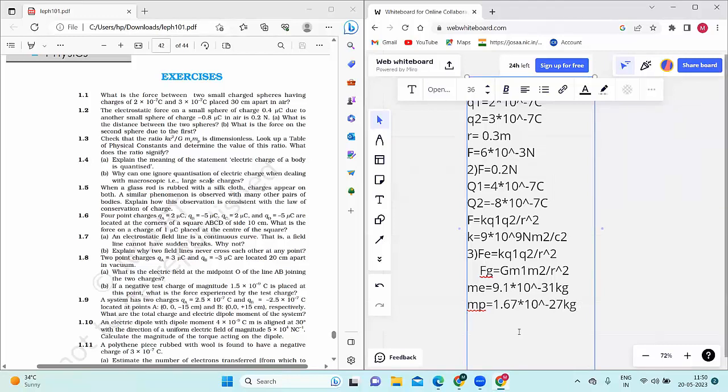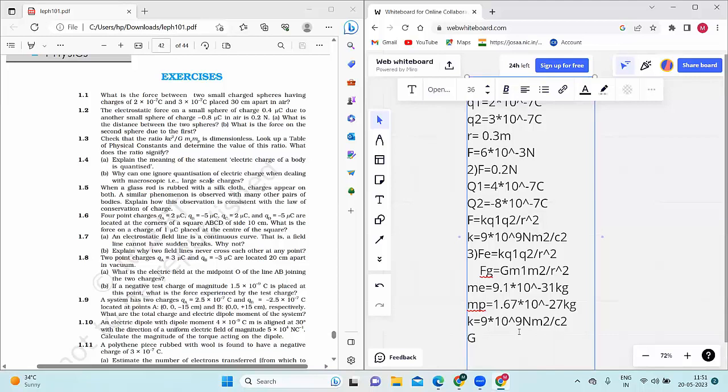The value of K is 9 into 10 power 9 Newton meter square per coulomb square.